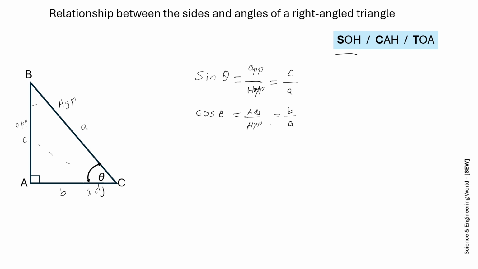Again, tan theta is opposite over adjacent, which gives us opposite here is c and adjacent is b. Good. So this is the relationship between the side and the angle.